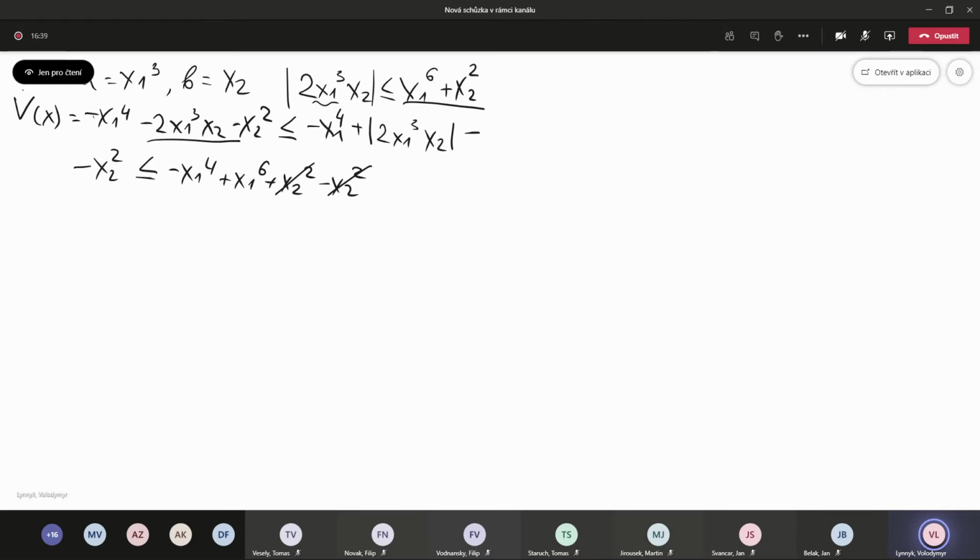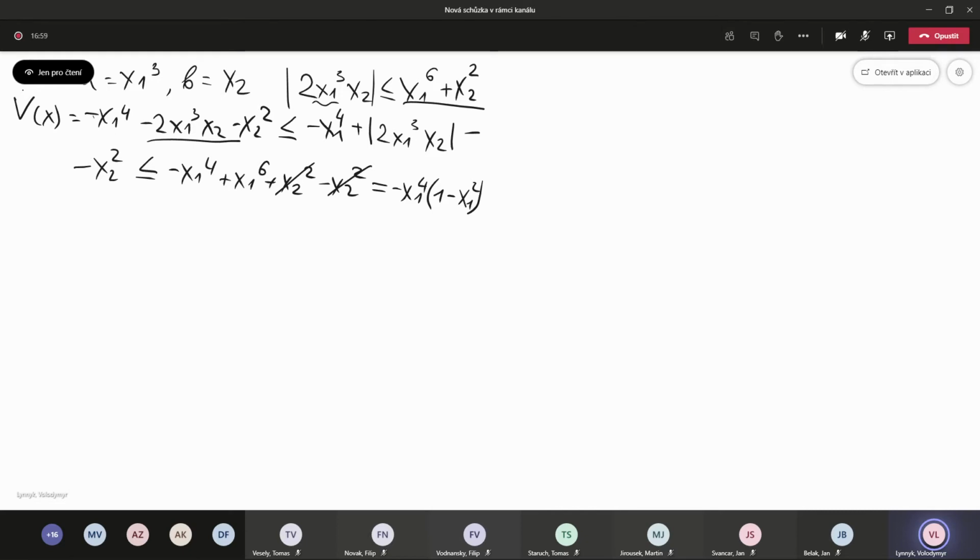This is equal to minus x1 to the 4th degree times (1 minus x1 squared).